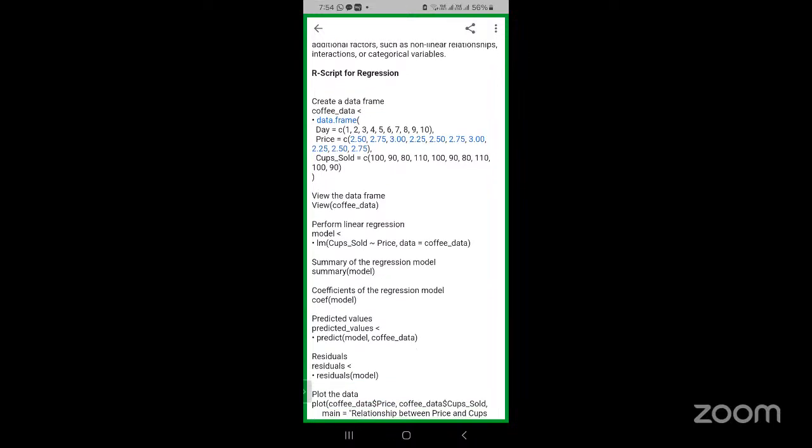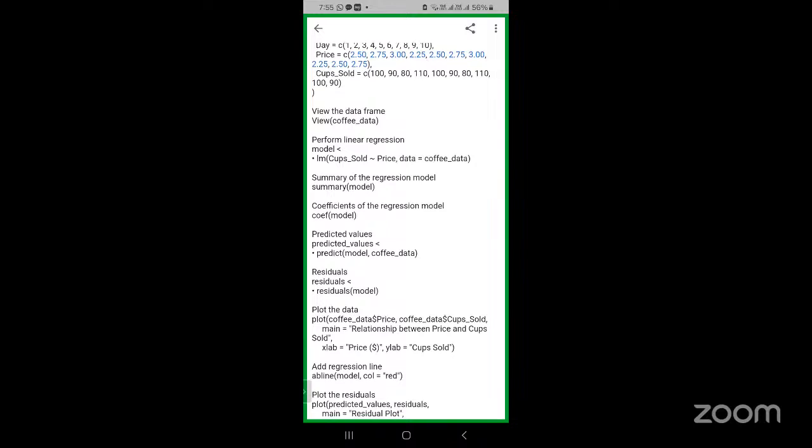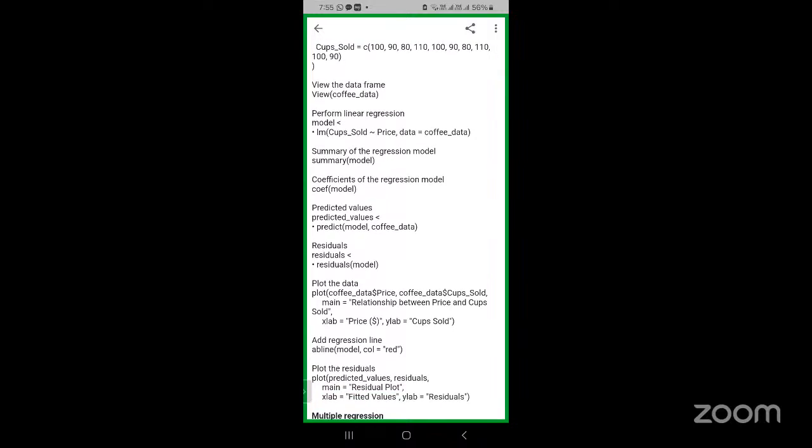And if you are interested to make any plot based upon the coefficient, then you can do this. That is plot the data, then plot coffee data price. So what is your independent variable? That will be at the first. Next is the coffee data cups sold. That is your dependent variable.